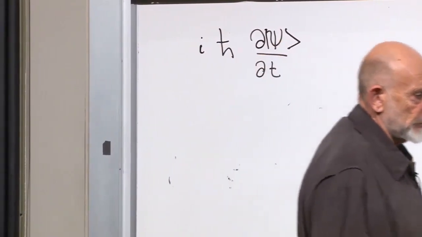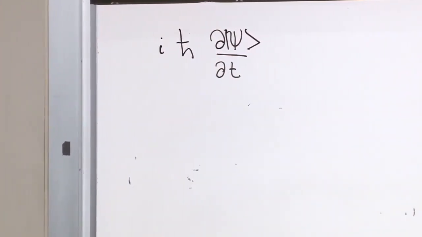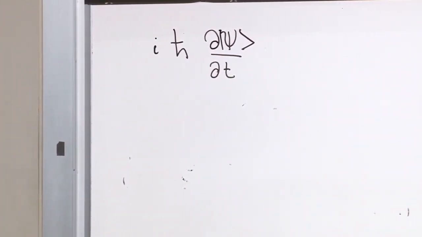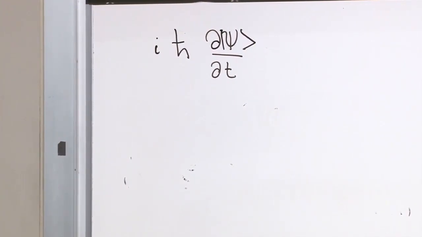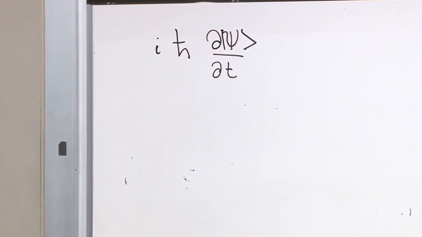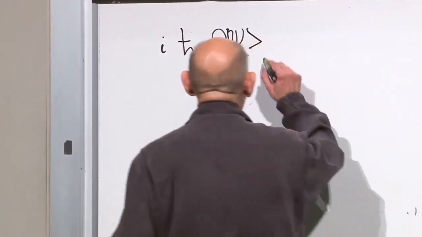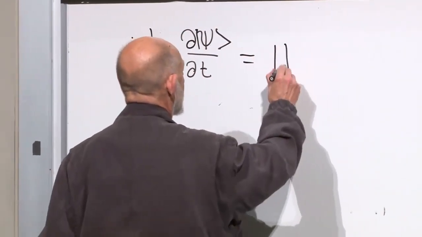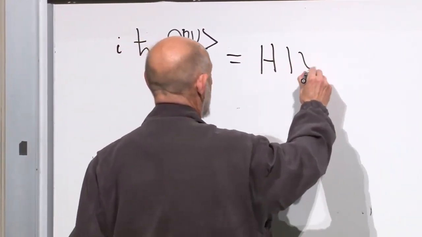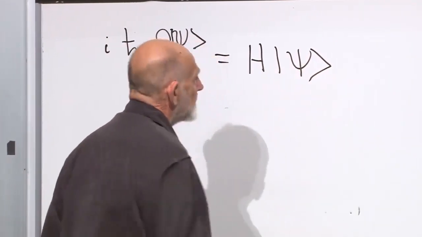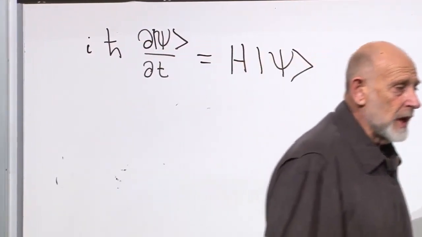The state changes with time. You can take the difference between vectors, and you can differentiate vectors with respect to time. If a vector happens to be time dependent, you can differentiate it. i d psi by dt is equal to the Hamiltonian operator acting on psi. That's the time-dependent Schrodinger equation.